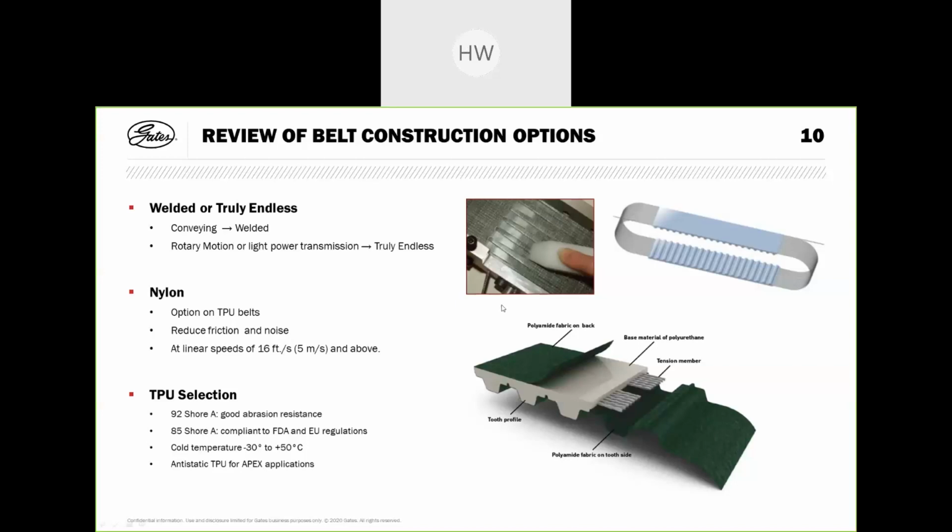But on high-speed applications and also on conveying applications where the belt slides over a slider belt bed with some weight on the back of the belt, we intend to reduce friction. And on high-speed applications, the nylon fabric helps to reduce the noise. And so therefore, we can apply nylon fabric on the tooth side and for some special applications also on the back side.